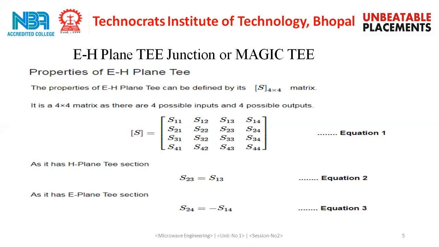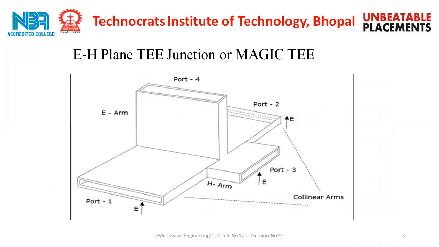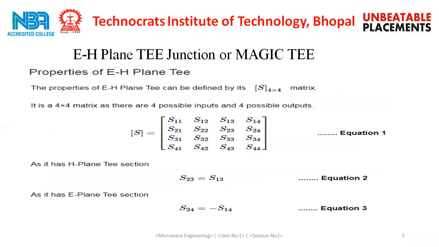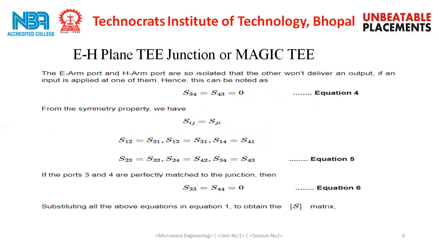So we can say S23 is equal to S13. Whatever is the input from port 4, it will be equally divided between port 1 and port 2, but in opposite phase. So we can say S24 is equal to minus S14.